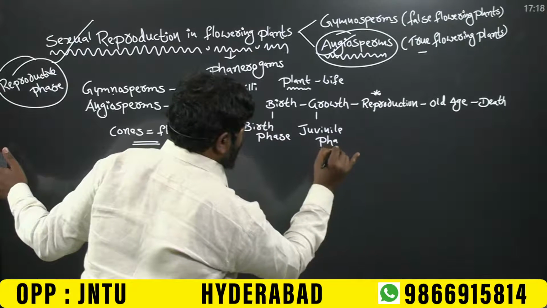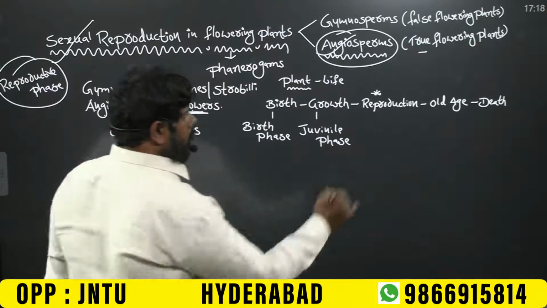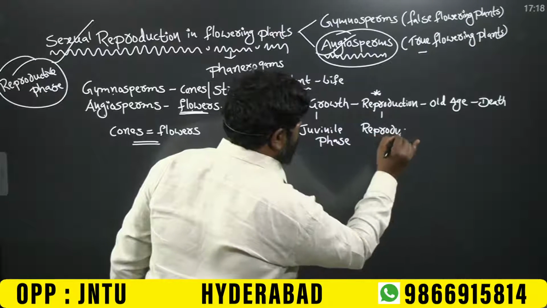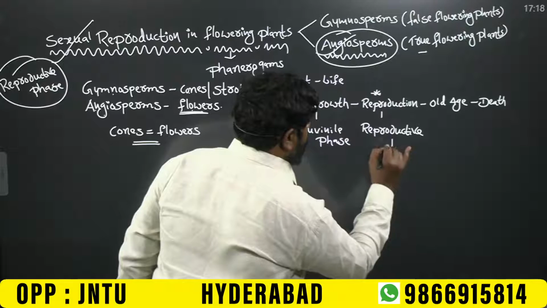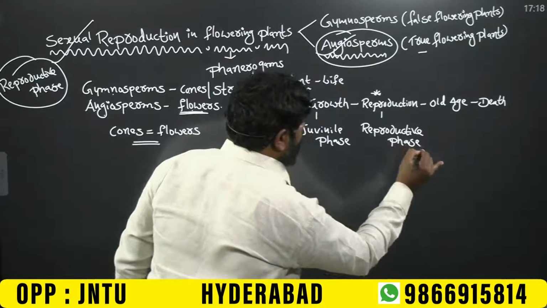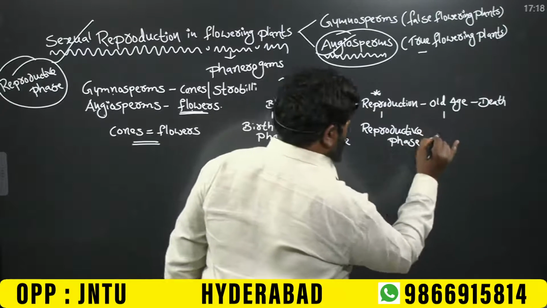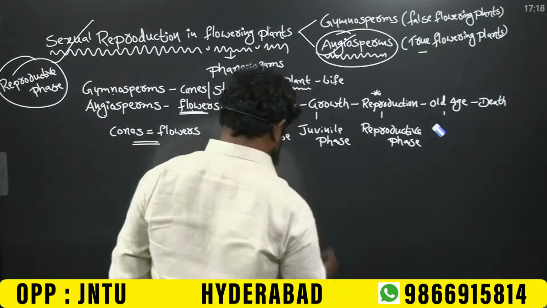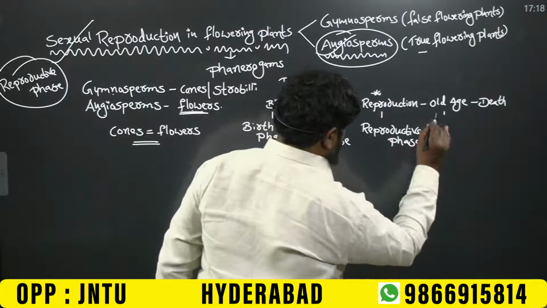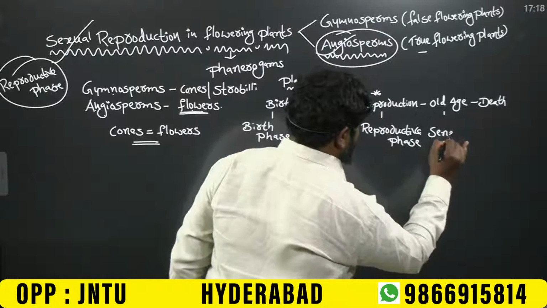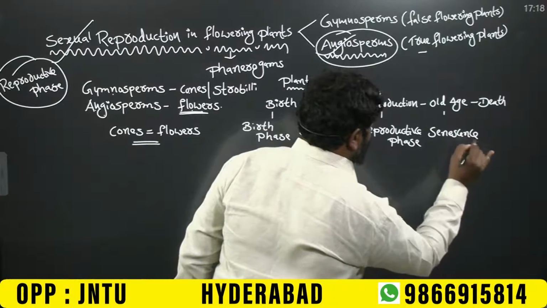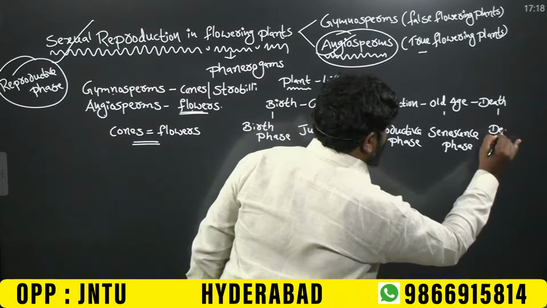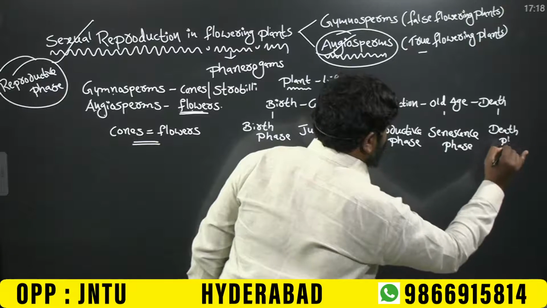Reproduction comes under the reproductive phase. Old age comes under the senescence phase, and death comes under the death phase.